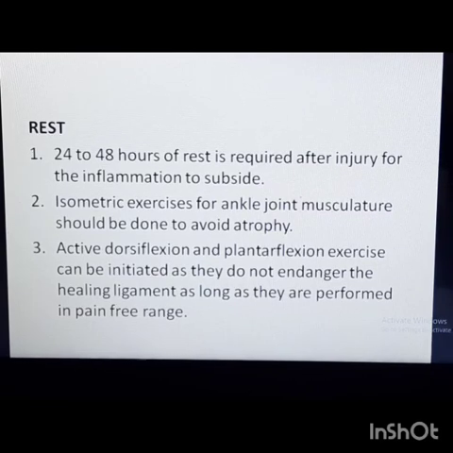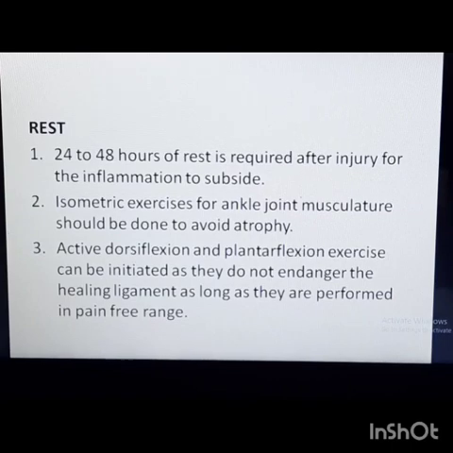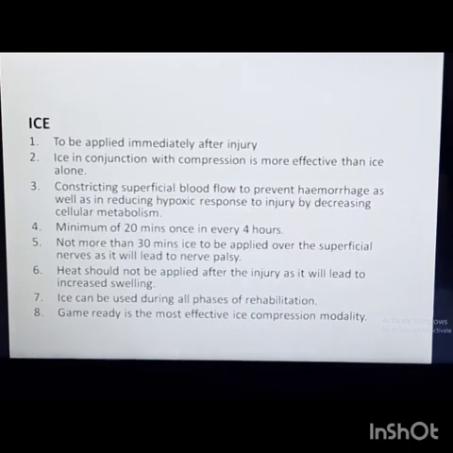In some cases where the severity of the injury is not too much, with the concern of the physiotherapist, you can also start with active dorsiflexion and plantar flexion exercises, and it should be pain free. You should not be doing any exercises that can damage the healing process. That is, inversion should not be happening in the ankle joint during this phase.